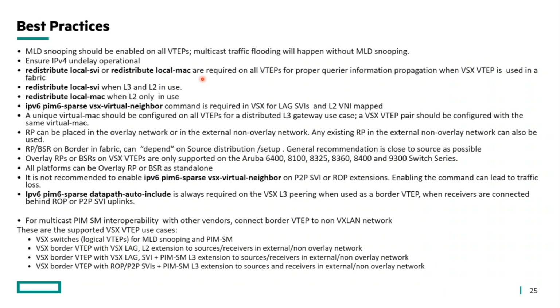It's only required when you've got VSX VTEPs in the fabric, and you have to use it on all nodes in the fabric when VSX is present on the VTEPs, not in the spines, just on the VTEPs. And use local SVI when you're using layer 3 and layer 2, or if you've only got layer 2 in use, then you use the local MAC.